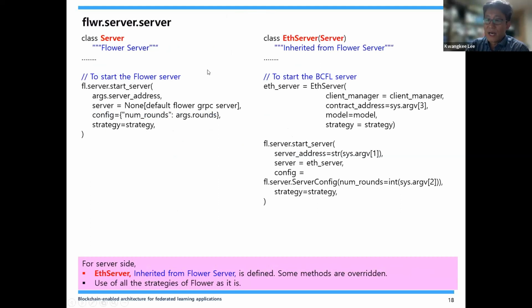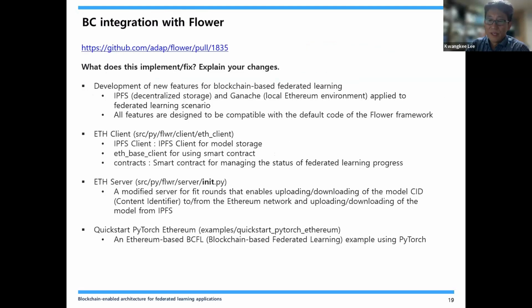For the server side, we defined a BCFL server, which is inherited from the Flower server. As a result, we can start the BCFL server the same way the Flower server is started. Furthermore, all the strategies of Flower are used without any changes to the Flower framework code. Actually, we submitted a pull request a while ago, but we have ideas for further improvement.